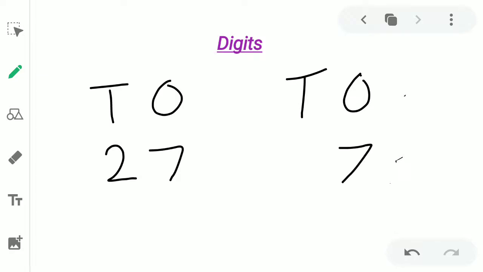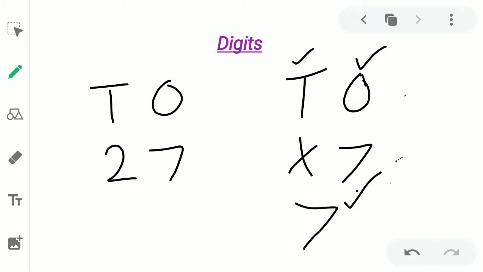If you see, यहाँ पे we have 7 at the place of ones, but at the place of tens we don't have any number. यहाँ पे हमारे पास कोई भी number नहीं है. So we can say this is a one-digit number. 7 is a one-digit number.